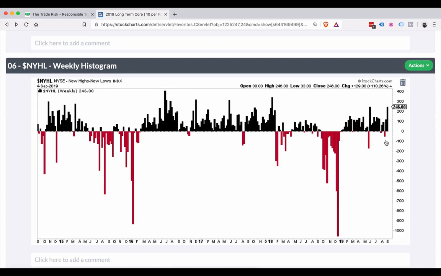More stocks are reaching 52-week highs than 52-week lows. And again, when we think about the underlying health and what that says about the market, that does give us more confidence or evidence that this market does favor the bulls in this long-term picture as they consolidate sideways in the major U.S. indices.